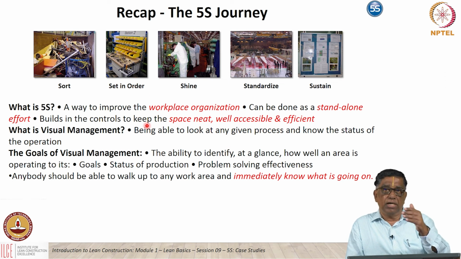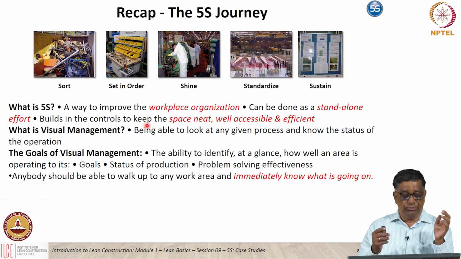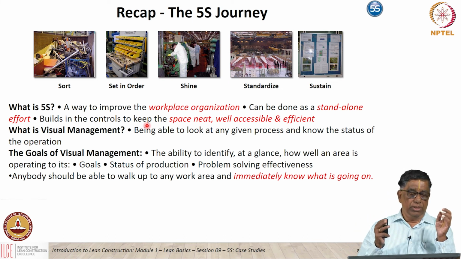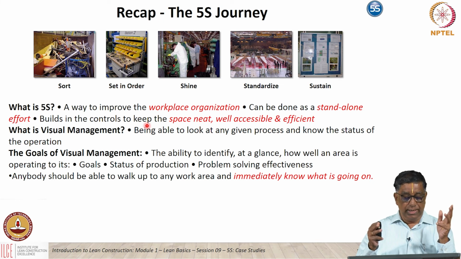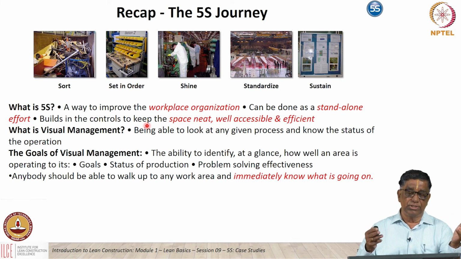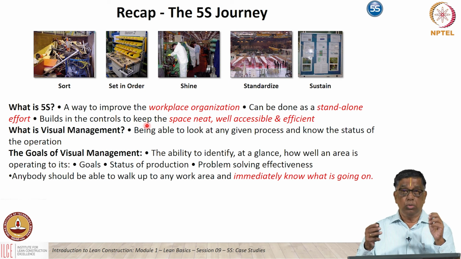And the basic meaning of visual management is somebody coming to the site and having a look. Immediately what is going on, where is it going on, how is it going on. There are a number of charts to explain how things are going. So the 5S site is actually having very good visual management, and the main goals are, like I said, to understand the goals, for example, the daily targets, weekly targets, and so on. What are the quality standards? What is the actual status of production every day, every shift, and then how well do we solve our problems.